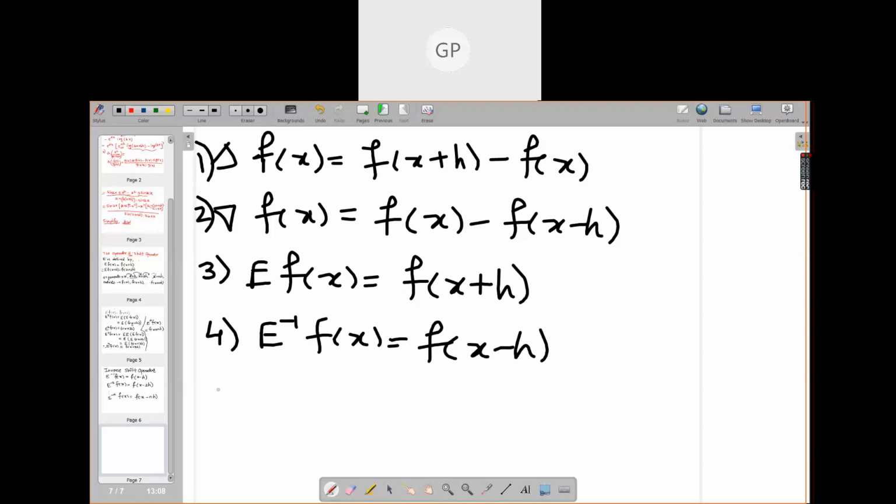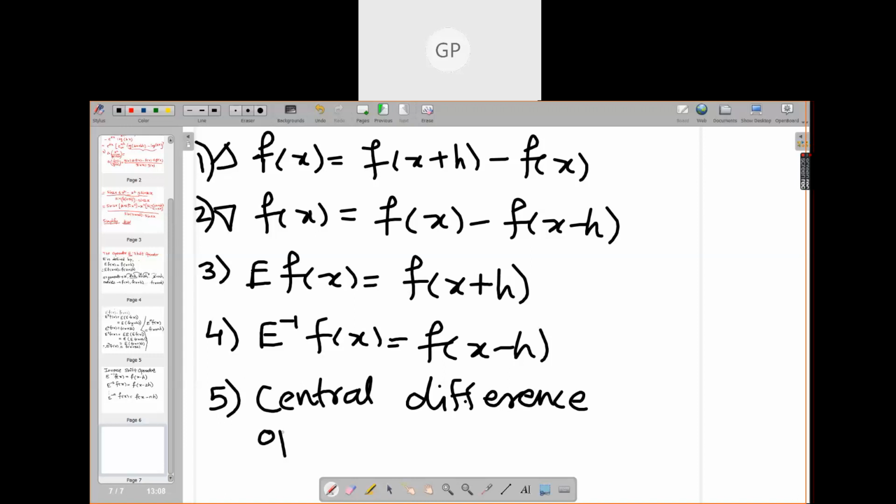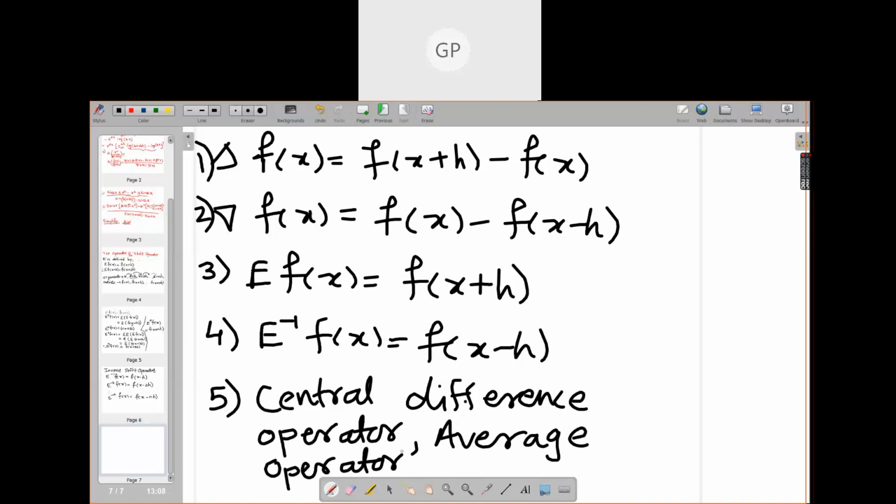Then we have some more to come: the central difference operator and the average operator. 2 more operators we need to study, but we will study only the theory of them.